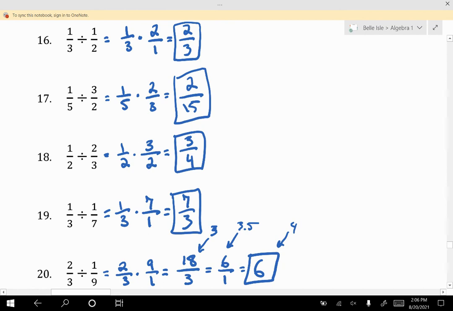What did you have to multiply 3 by? Almost one. Almost. Hey, that's it.